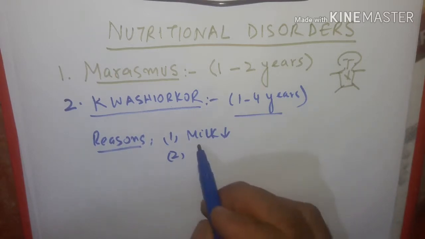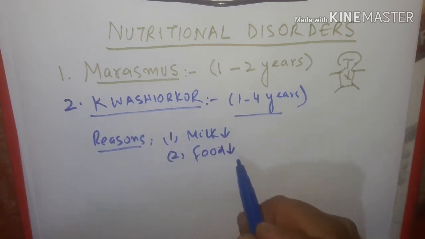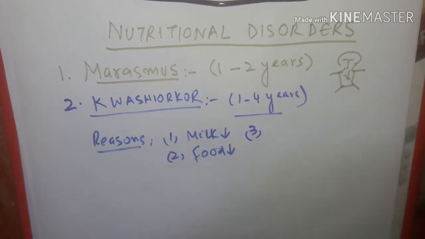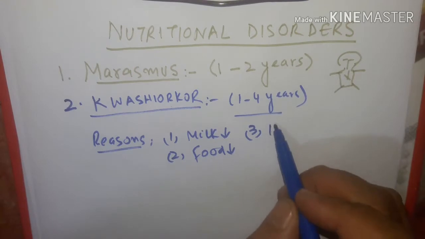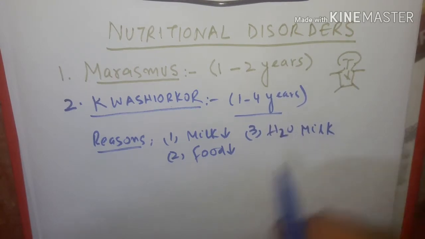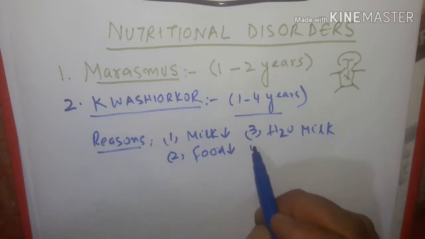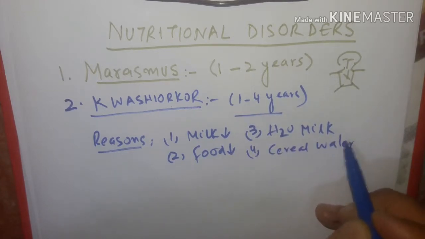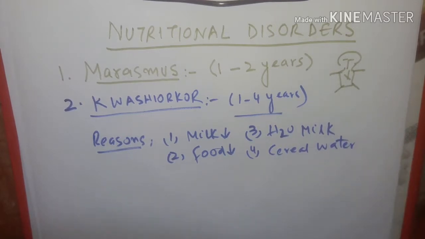Then we have over-diluted milk, that means more water is put in milk. And the fourth one is maintaining children on cooking water of cereals.